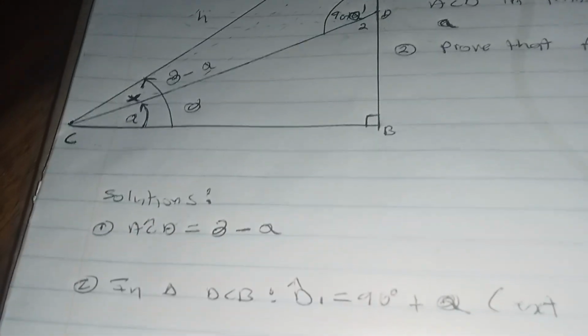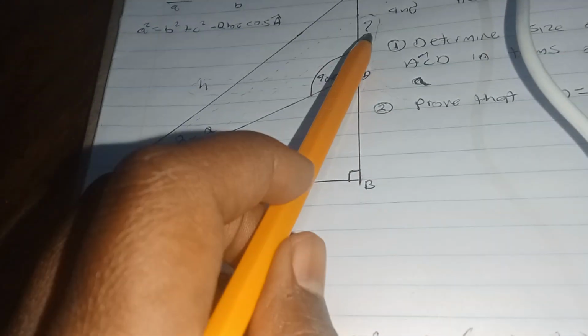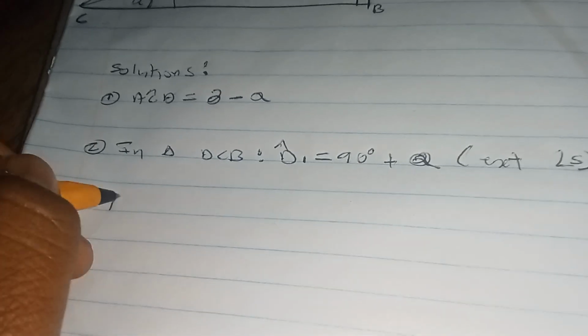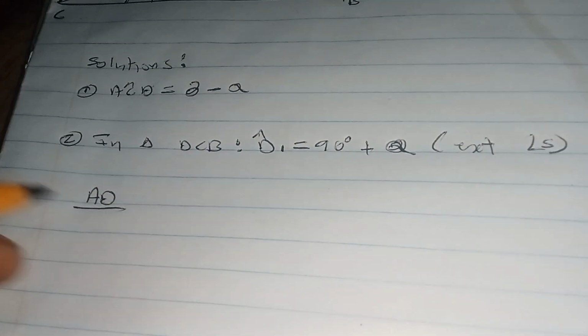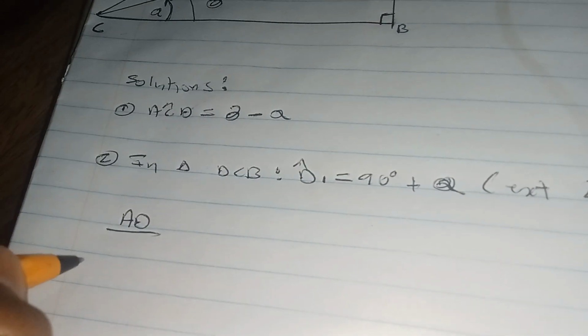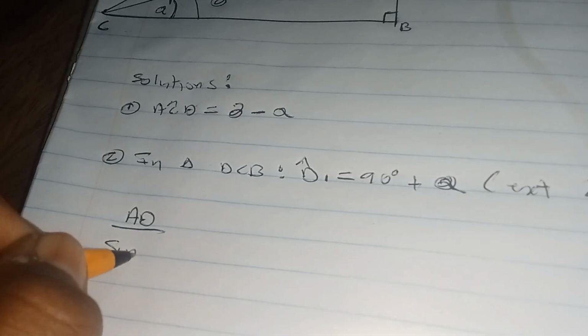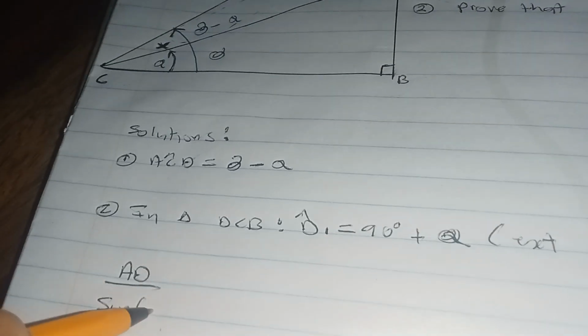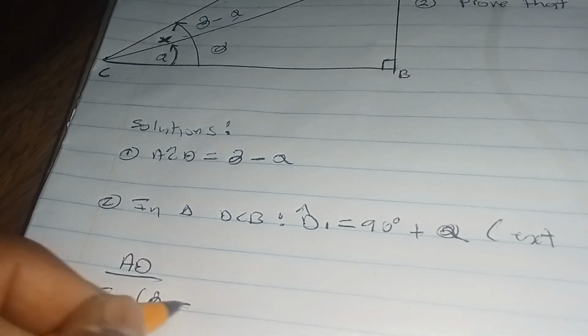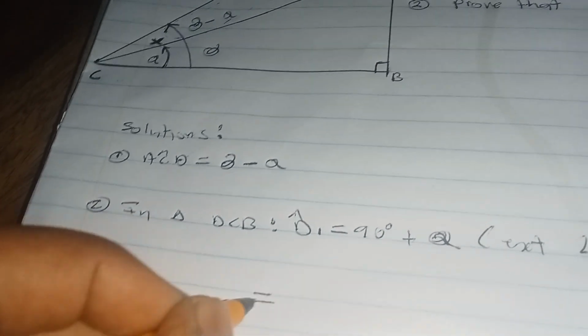Okay, then we're going to use the sine rule because we have two angles and two sides. I'm going to start with AD, which is the side I'm looking for, and divide it by the sine of the opposite angle, which is theta minus alpha.